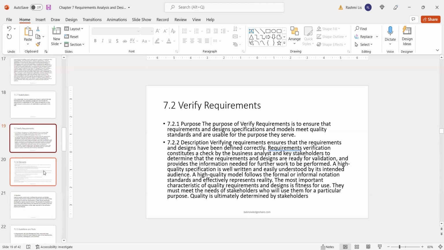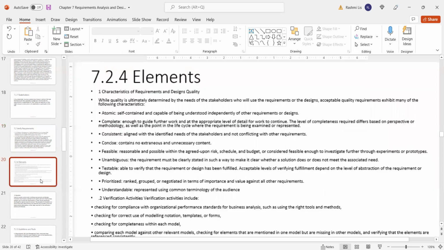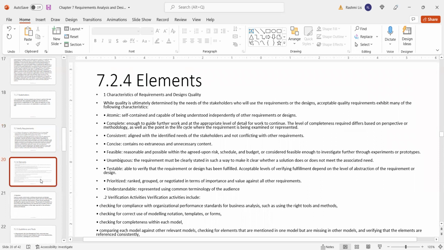In order to verify requirements, she works closely with stakeholders. But before doing so, she prepares a couple of things. One is she ensures that the requirements meet specific standards: that the requirements are atomic, complete, consistent, concise, feasible, clear, testable, prioritized, and understandable.